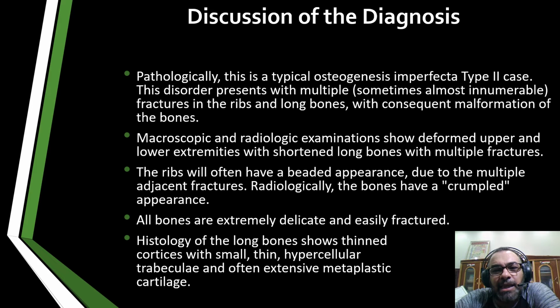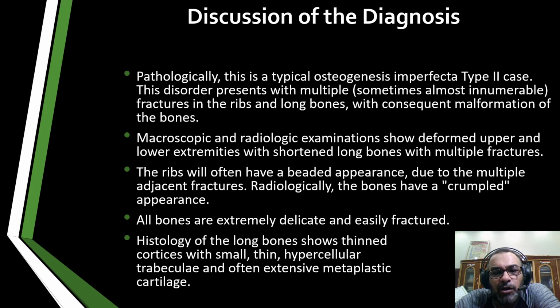Pathologically, this is a typical osteogenesis imperfecta type 2 case. This disorder presents with multiple, sometimes almost innumerable fractures in the ribs and long bones with consequent malformation of the bones. Microscopic and radiological examination show deformed upper and lower extremities with shortened long bones with multiple fractures.